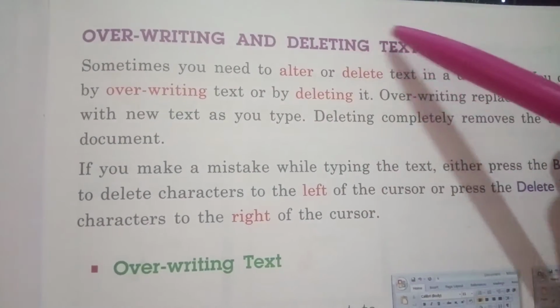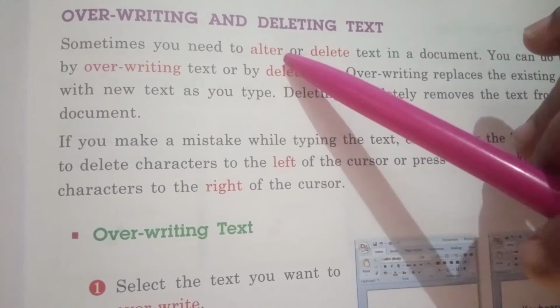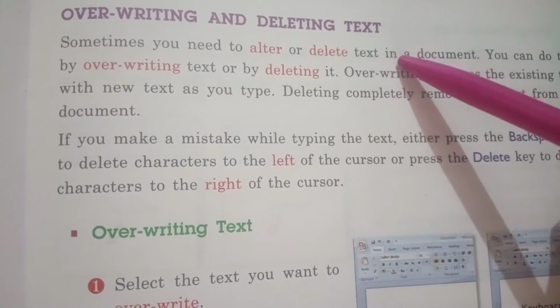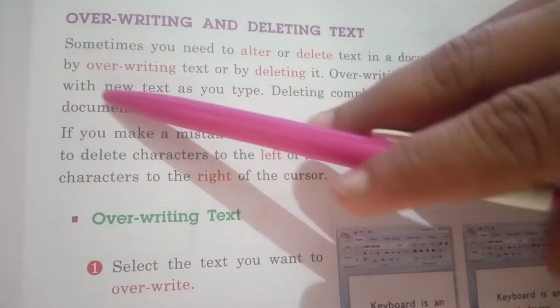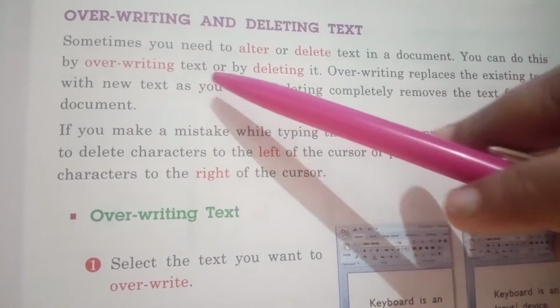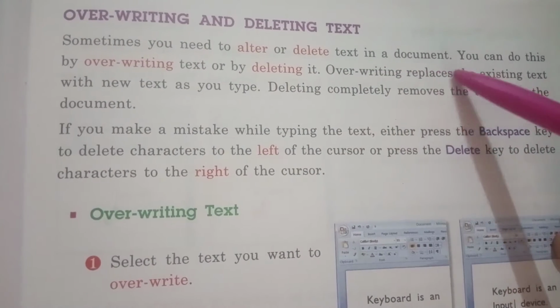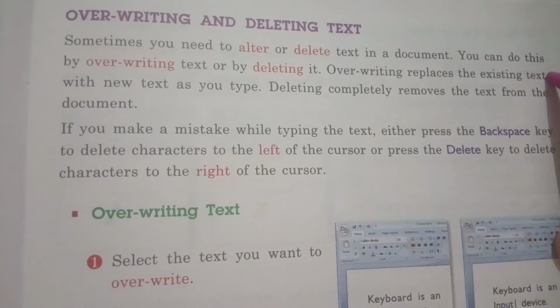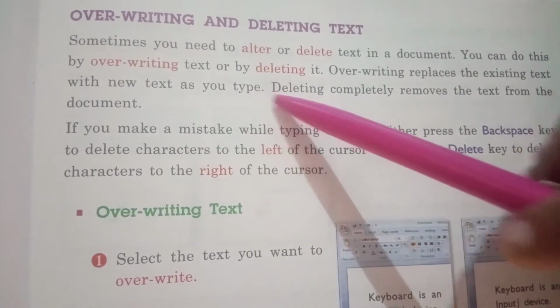Now, overwriting and deleting text. Sometimes you need to alter or delete text in a document. You can do this by overwriting text or by deleting it. Overwriting replaces the existing text with new text as you type.